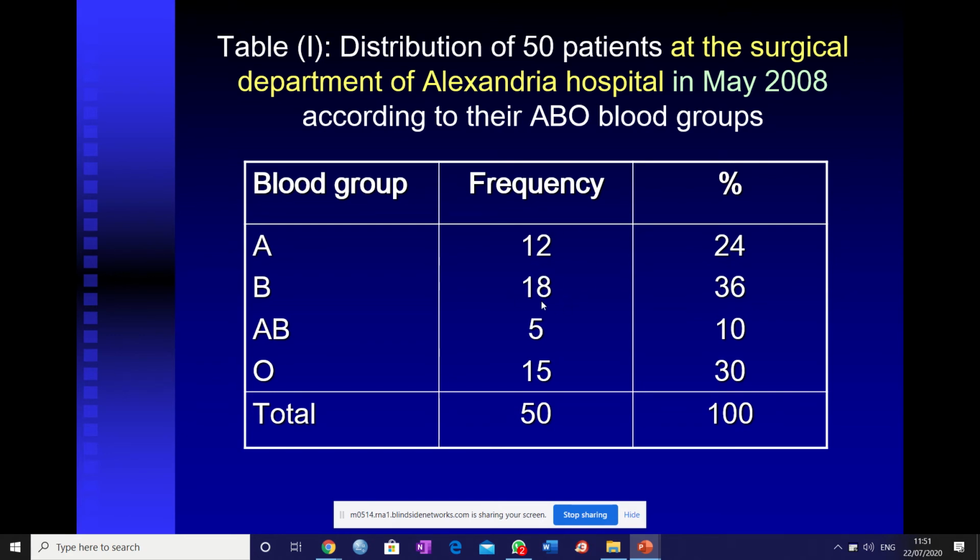Frequency is 18. What does it mean, frequency 18? 18 people, 18 patients, okay? 18 patients with blood group B.